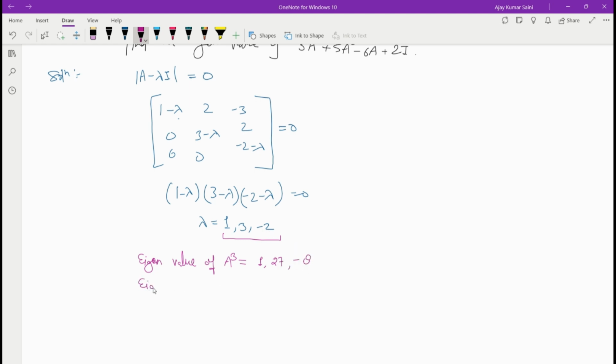Now the eigenvalues of A square are 1, 9 and 4.